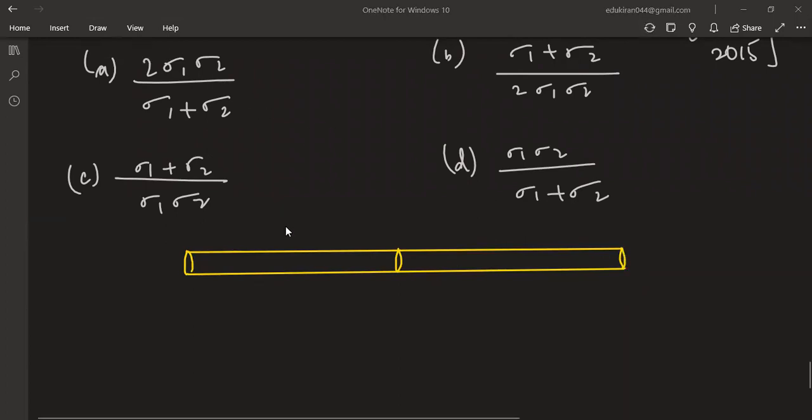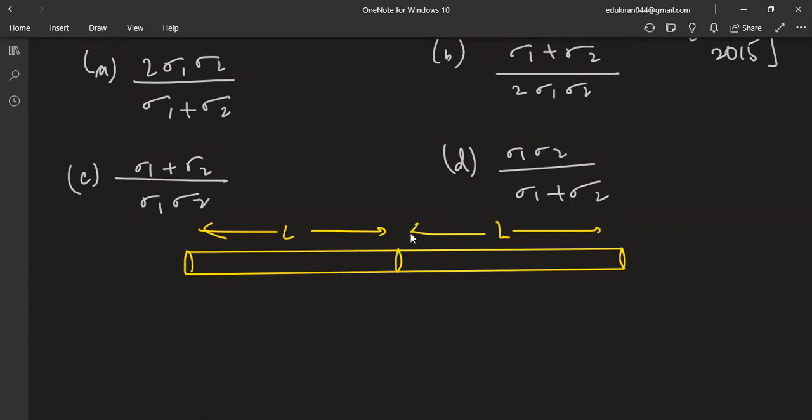L is the length of each part. The resistivities are, let's say, rho 1 and rho 2. This is what is given. The area of cross section is also mentioned. Let's say this is A.